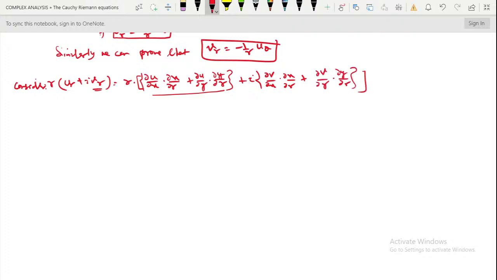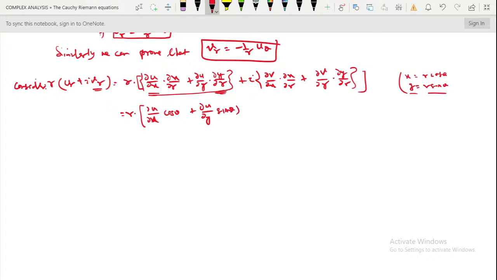So now this thing is r times, let it be del u by del x. Okay, so del x by del r, we know our x is equal to r cos theta, y is equal to r sin theta. What will be your del x by del r? This will be simply cos theta. Then what is del y by del r? y is this one, so del y by del r is your sin theta.